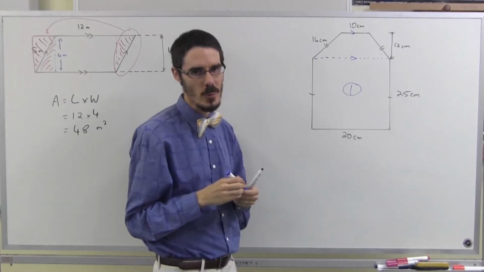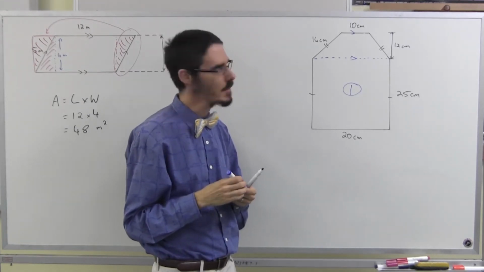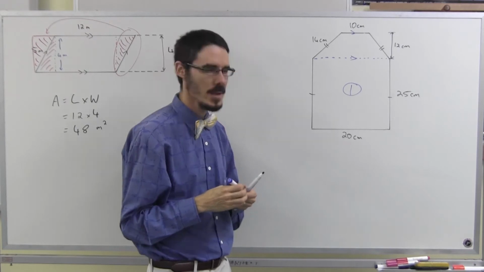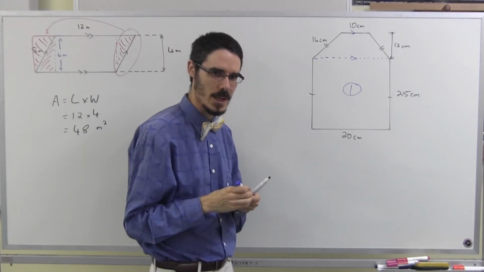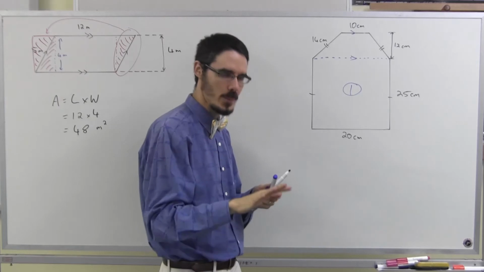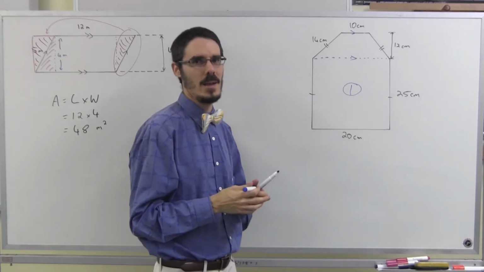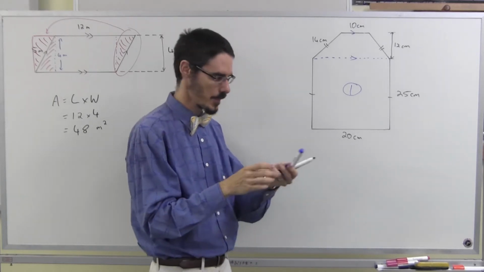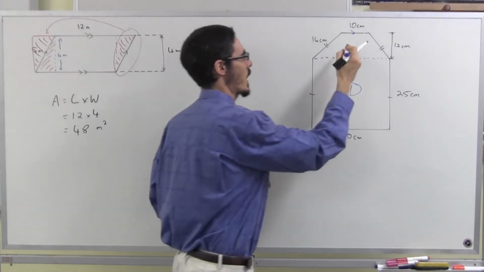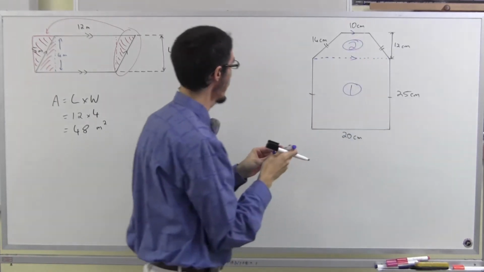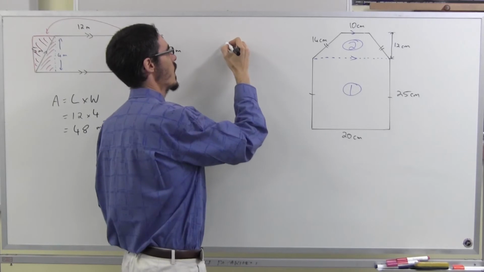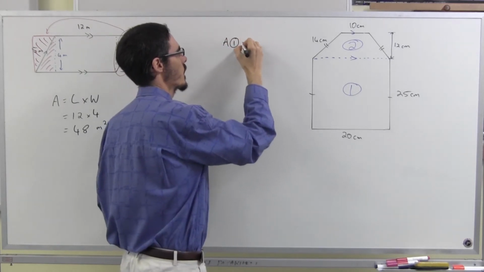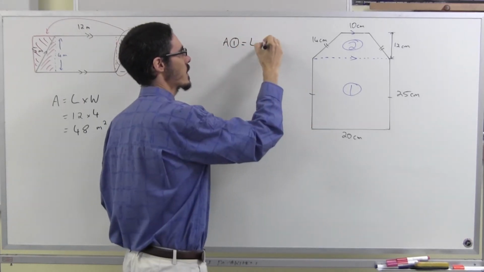But do you remember the formula to work out the area of a trapezium? If you don't, there's something you can do to work it out. Let me show you the simple method first with the formula, and then I'll show you the alternative. We're going to call that 2. And we're going to say, area 1, rectangle, length times width.